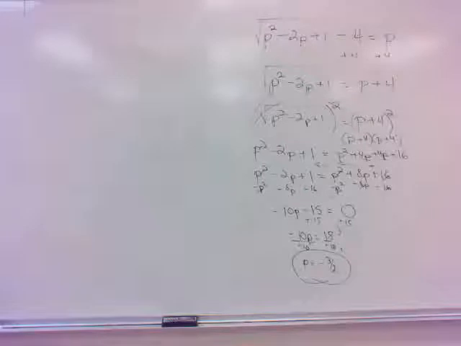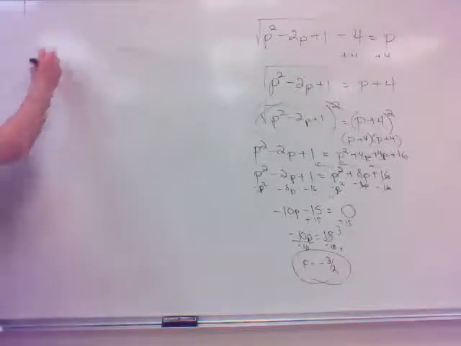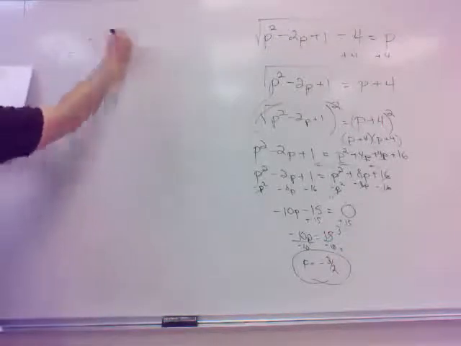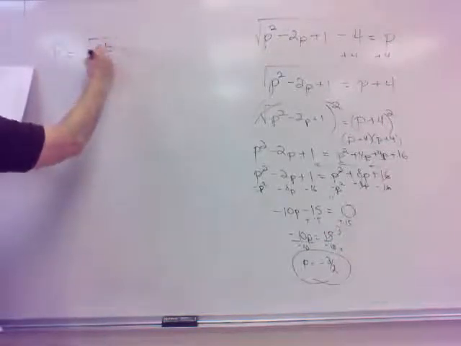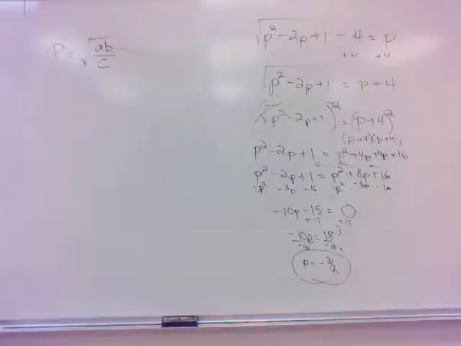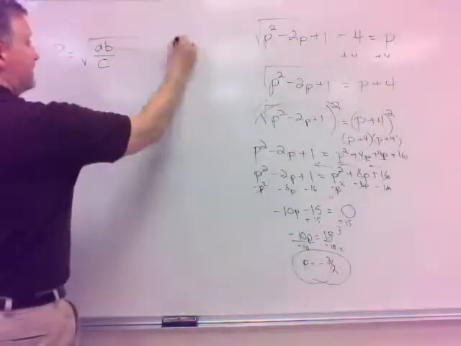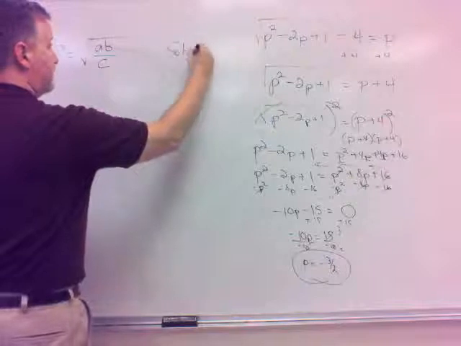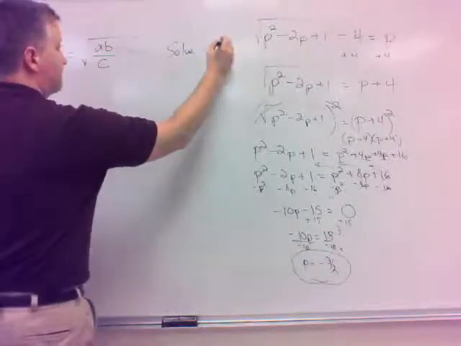A couple of other quick little problems here. Let's say I had a formula, and the formula was this: p equals the square root of ab over c. Yeah, it turns out you might, of course, encounter a square root in a formula. And in this case, let's go with one of these, solve for a.